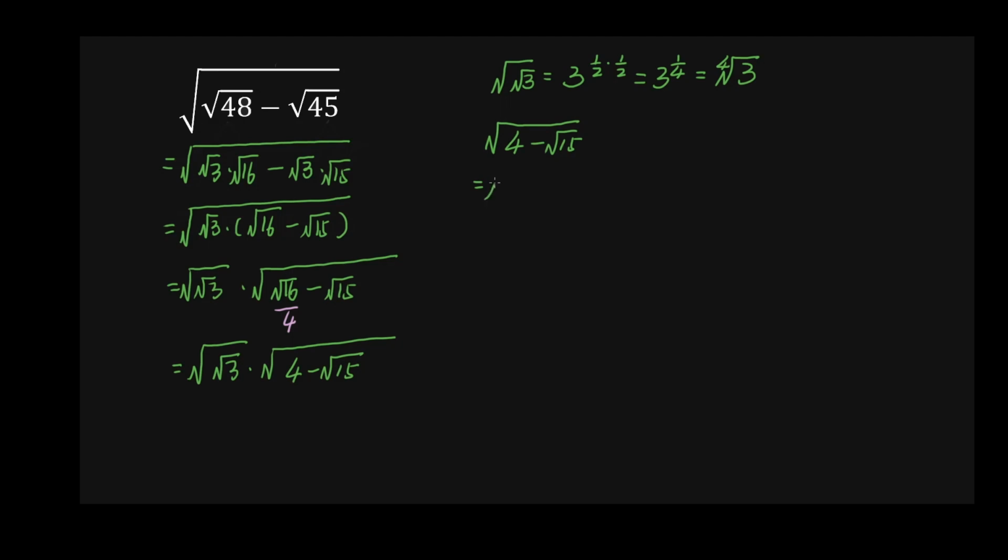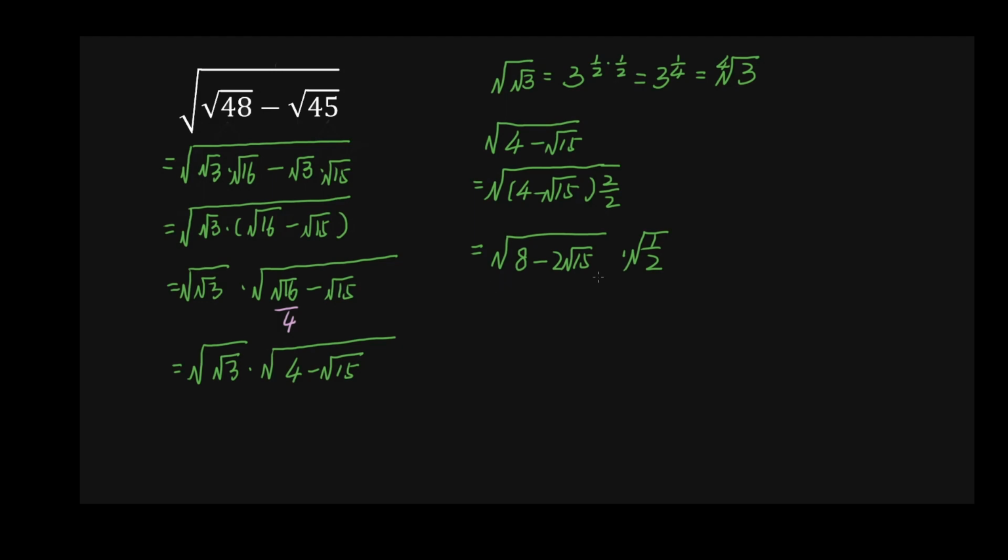That is the square root of 4 minus square root 15 times 2 over 2. That is the square root of 8 minus 2 square root 15, times square root 1 over 2.